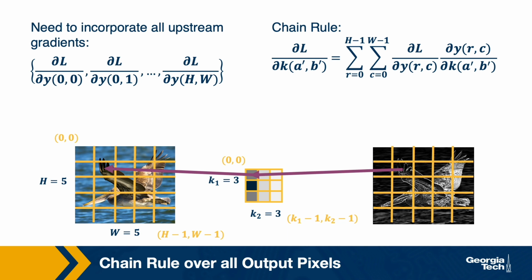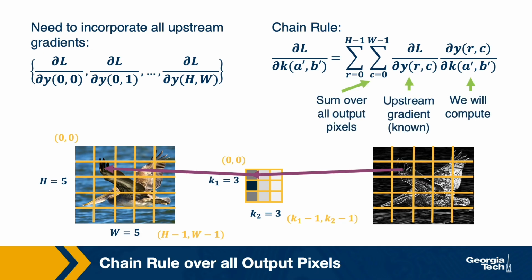And so this is what it looks like. We'll have the partial derivative of the loss with respect to w of a prime, b prime equal to the summation across the entire output map. And for each pixel, we'll use the chain rule locally. We'll do the partial derivative of the loss with respect to that pixel, and again, this is given to us as an upstream gradient, times the partial derivative of the output pixel with respect to this particular weight.